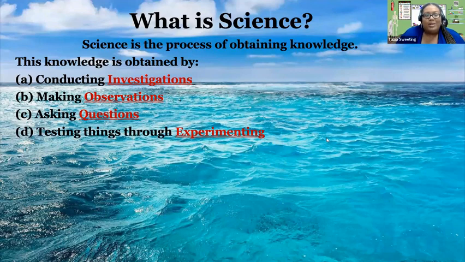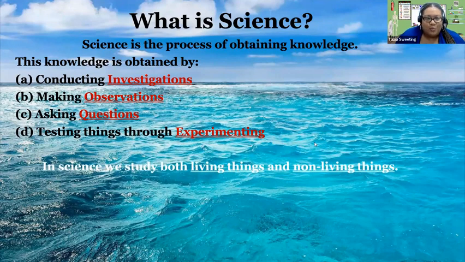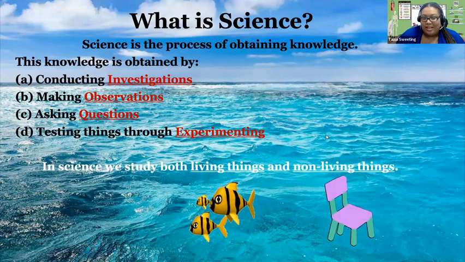So when we say that science is the process of obtaining knowledge, the way in which we obtain this knowledge is through investigations, observations, questioning, and experimenting. And of course, in science, we study both living and non-living things.